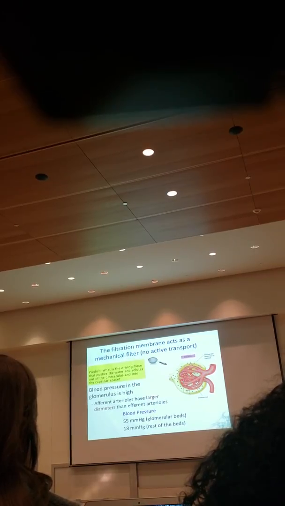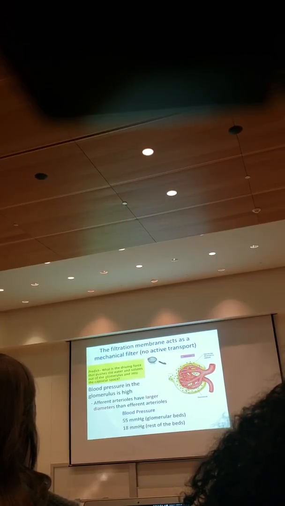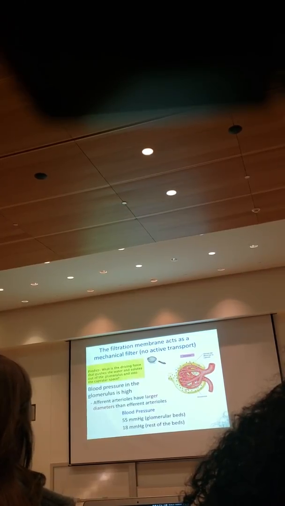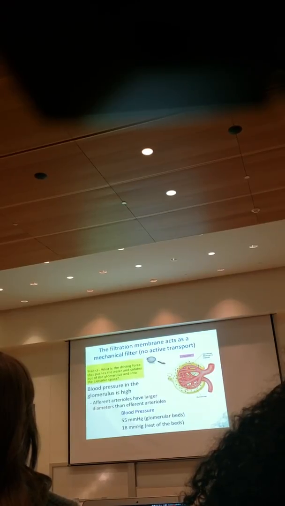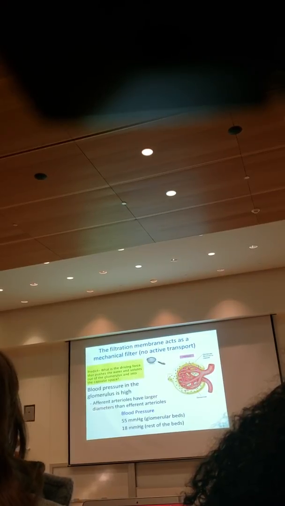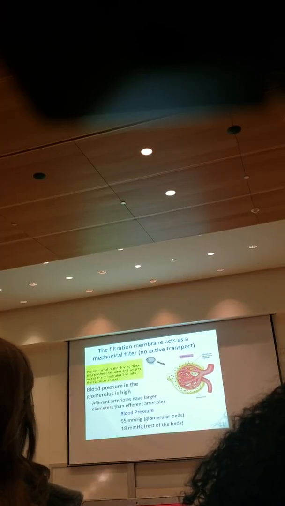Then we have other cells that cover this, but again, they form these slits, you can go through them. So what I'm trying to say is that the filtration membrane is not extremely selective. Proteins will not be able to make it, right? But a lot of small molecules will be able to easily do that. And we talked about the fact that pushing everything out of the capillaries, we're talking about the driving force, the blood pressure.